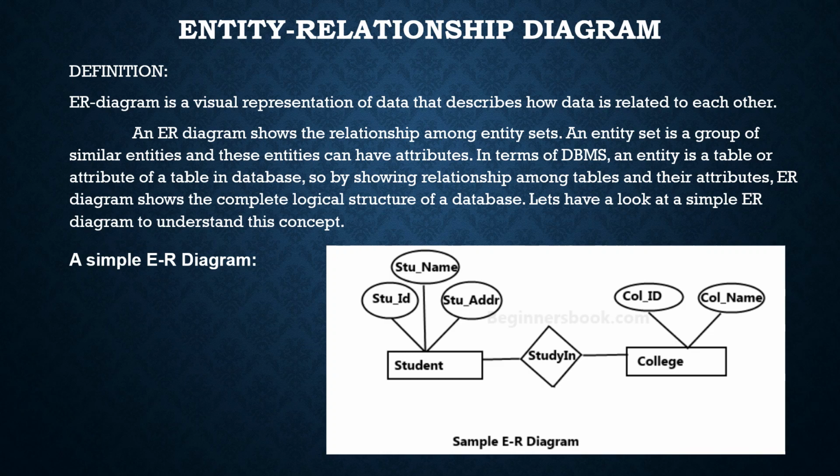So student is an entity that can be connected to college using a relationship, by using the rhombus or diamond shape.